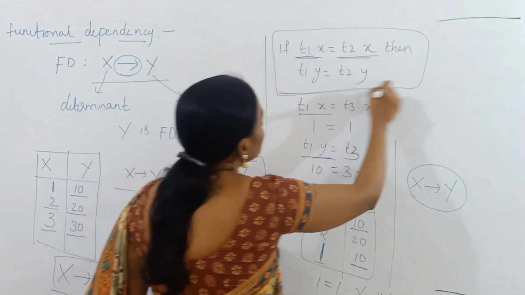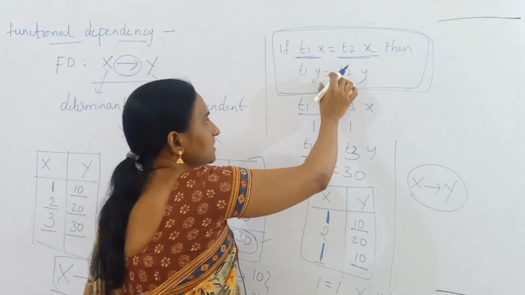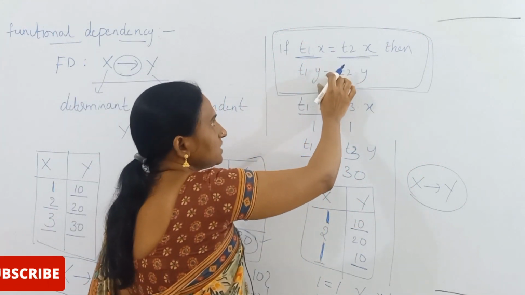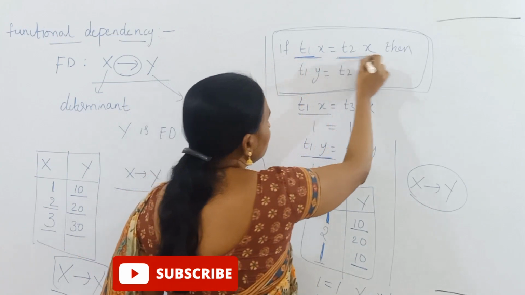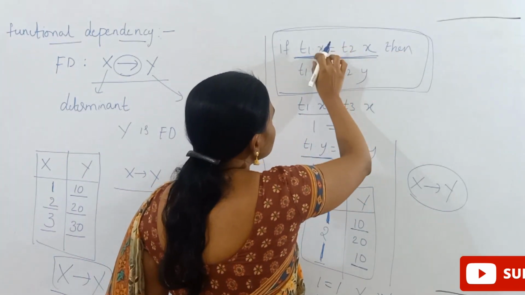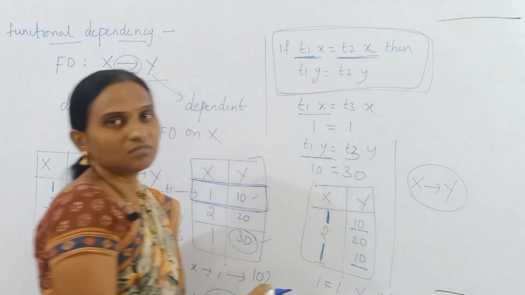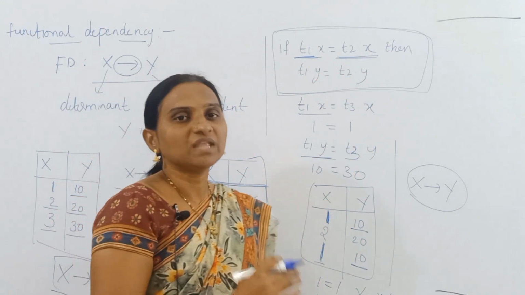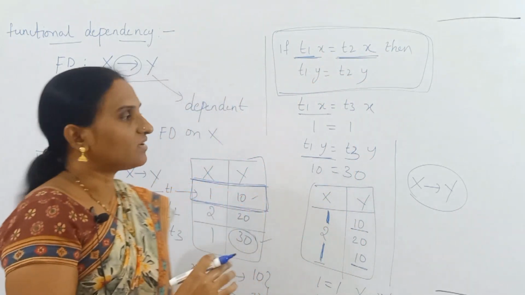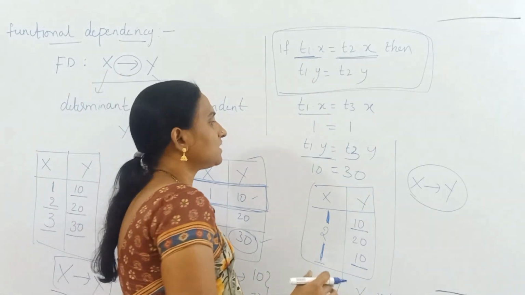If x values are repeated, then only we have to check this rule. If T1 dot x equal to T2 dot x, then T1 dot y equal to T2 dot y. So if x values are repeated, then the y values must be same. Then only functional dependency exists. Otherwise, the functional dependency does not exist.